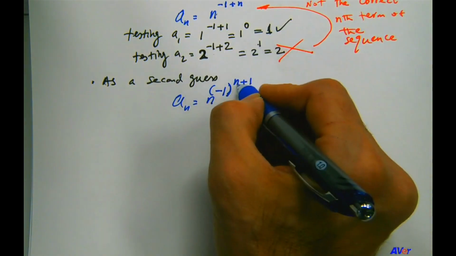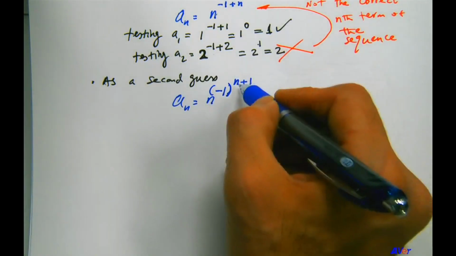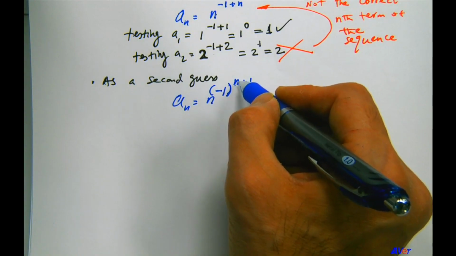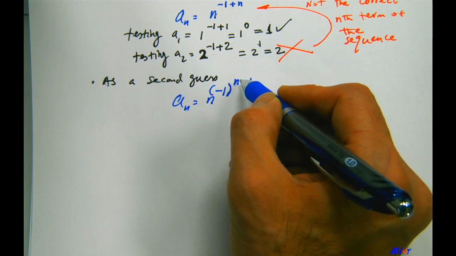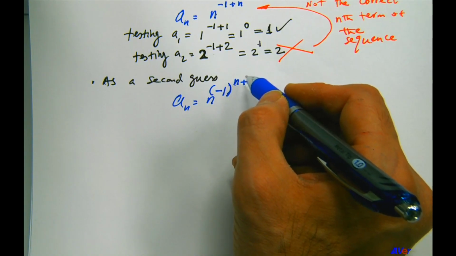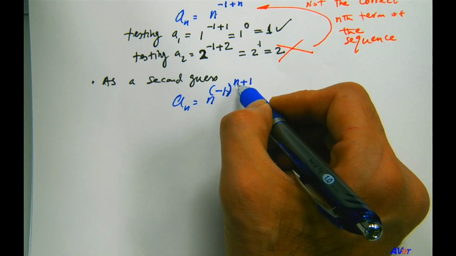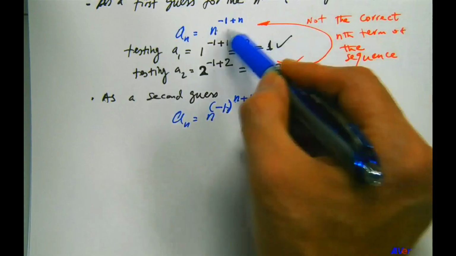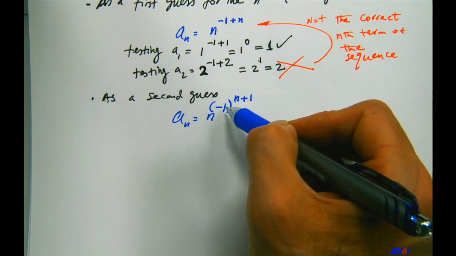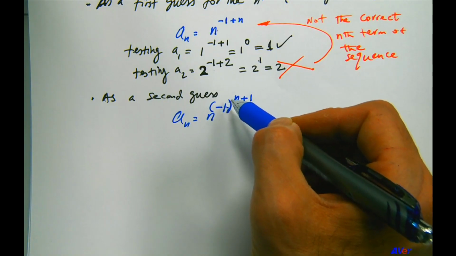Because if you have an even number digit, a number in the sequence which is in a location which is even numbered. Location 2 is even numbered, location 4 is even numbered, location 6 is even numbered. With this modification of the original guess, we can maintain the negative 1 power for numbers that appear with even location number.